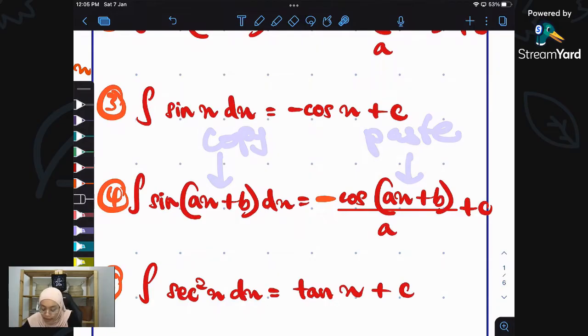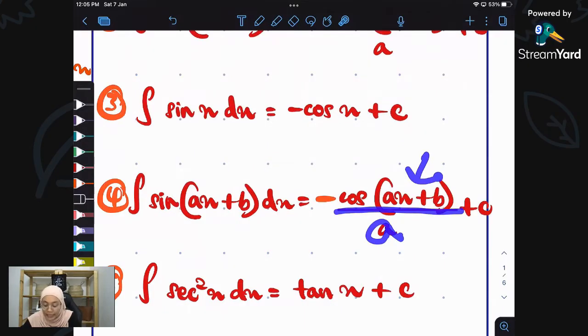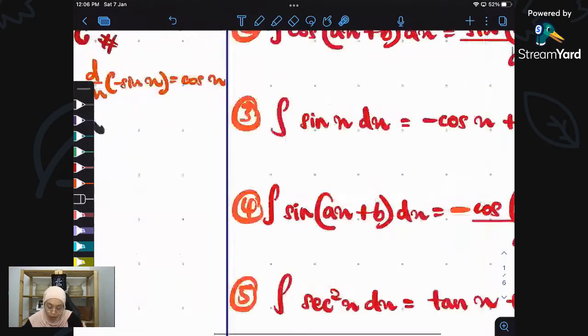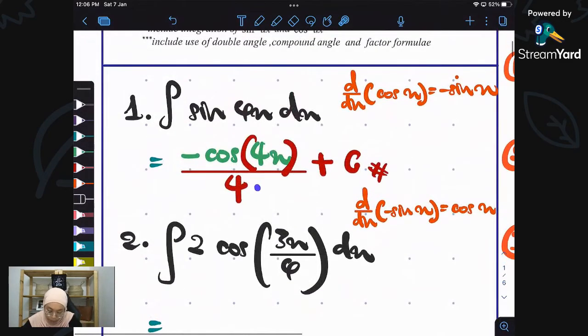And then specially about this linear, we must divide it by A, because the linear can be a bit longer, like ax plus b, and therefore differentiating ax plus b gives us a. That's why there is the number 4 here. Differentiating 4x is 4, but we must put it at the denominator, divide it by 4. That is how it works.